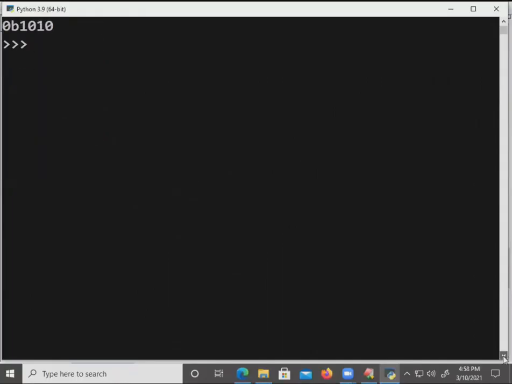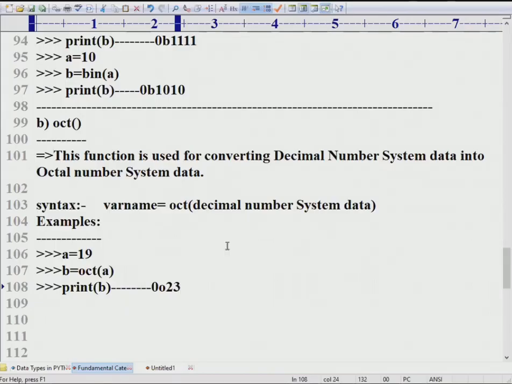A is equal to 19, B is equal to oct of A, print of B. What is the result coming? 0o23. Are you getting my point? Next, write down this example.